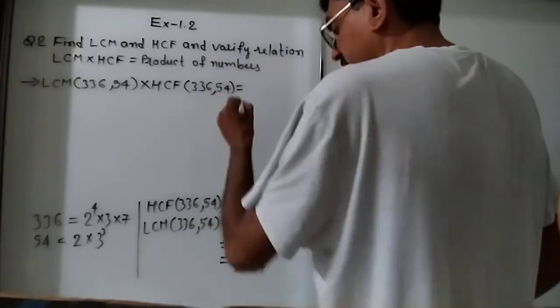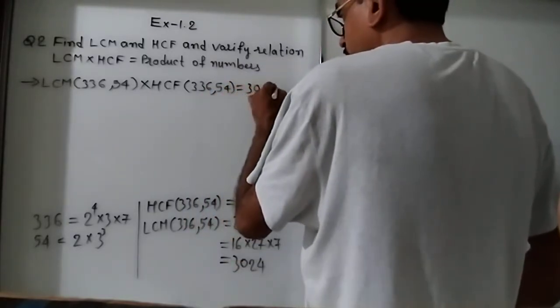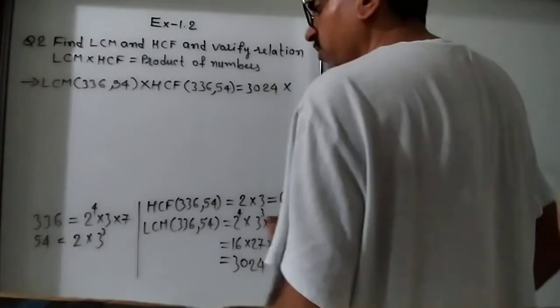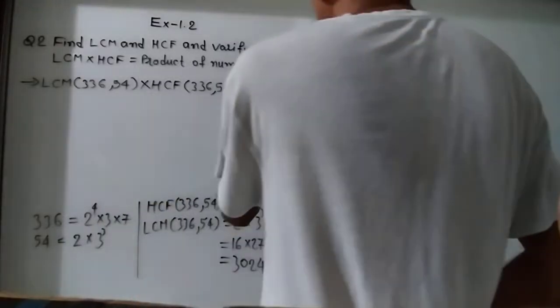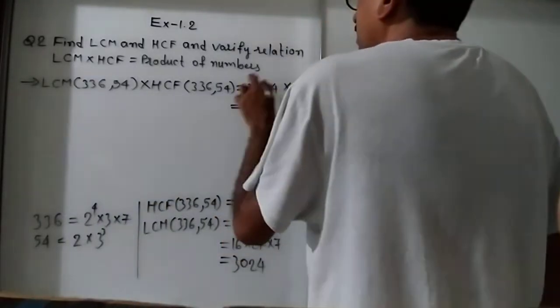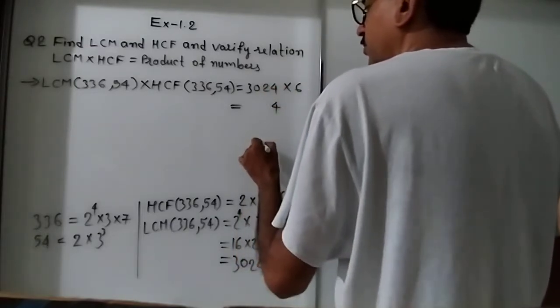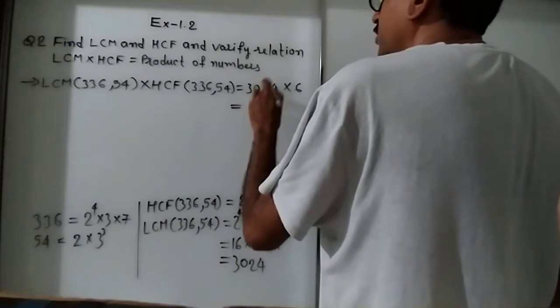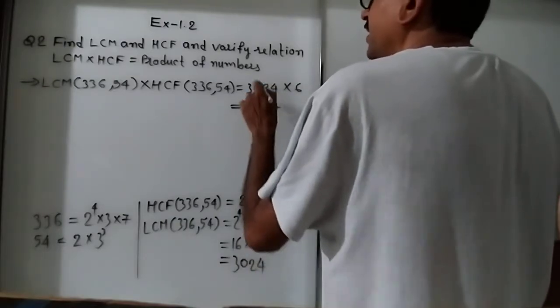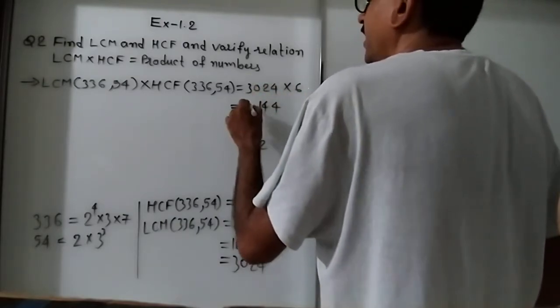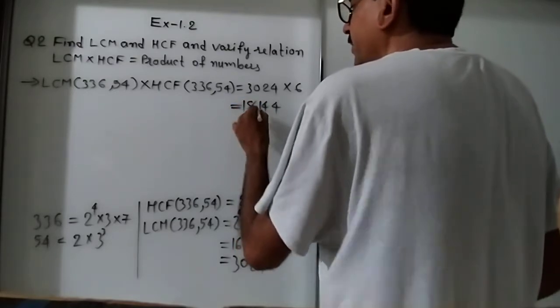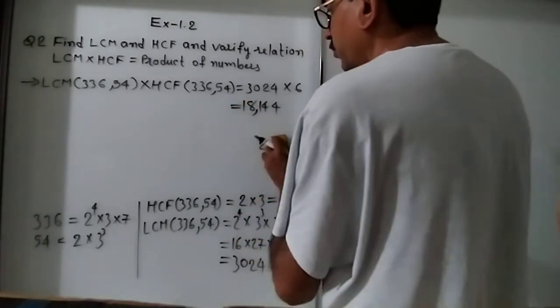Let's multiply 3024 into 6. 6 times 4 is 24, 6 times 2 is 12 and 2 is 14, here 0, 6 times 3 is 18. Okay, so this is the product.